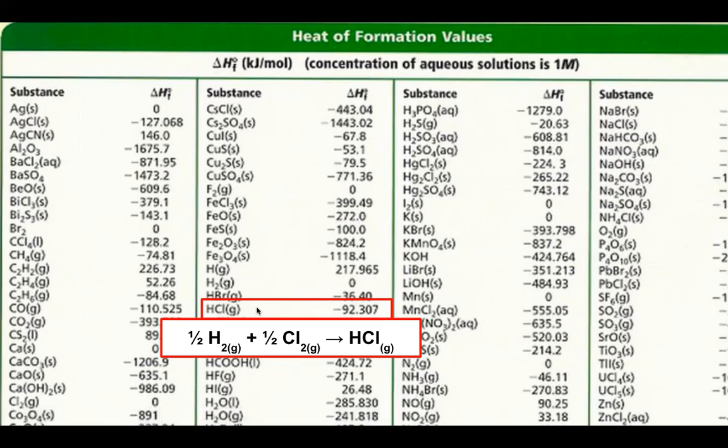So to form 1 mole of HCl gas, it is associated with an enthalpy change of formation of negative 92.307 kilojoules per mole. All right, so this table is going to come in handy for questions that don't give you the associated enthalpy change for your known reactions.